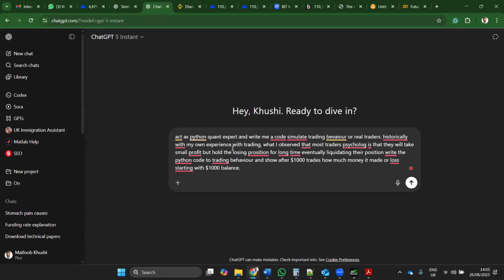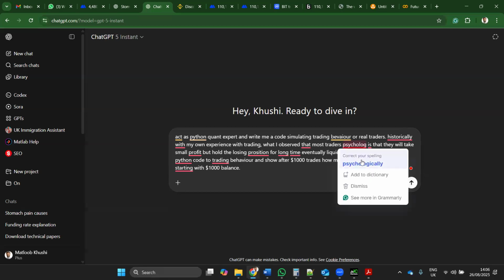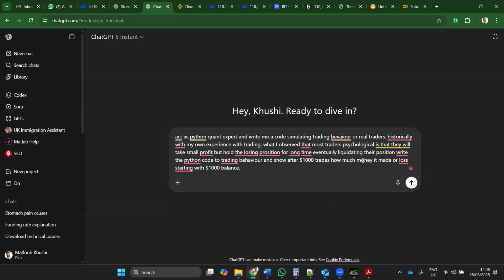Act as a Python quant expert and write me code simulating trading behavior of real traders historically, with my own experience of trading. What I observed is that most traders' psychology is that they will take small profit but hold the losing positions.